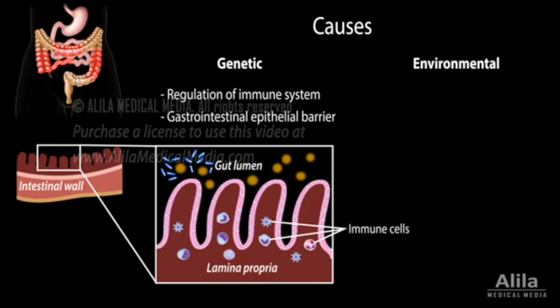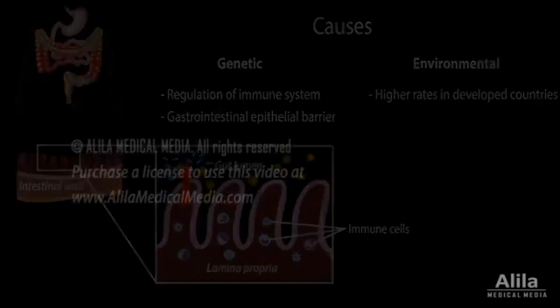A crack in the barrier may increase the chance that the immune system overreacts to non-pathogenic antigens from the gut content. Involvement of environmental factors is evidenced by higher disease incidence in developed countries, especially urban areas.